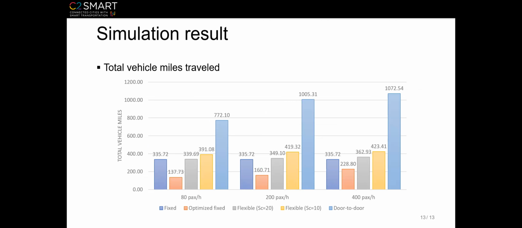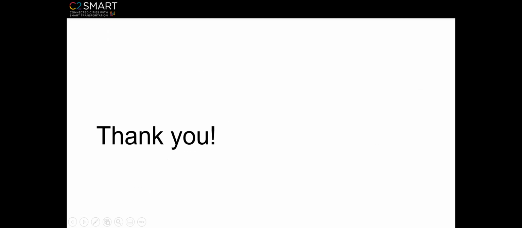And for the total vehicle miles traveled, definitely the on-demand transit travels the most distance compared to the fixed route or flexible route, especially the optimized fixed route, which shows the shortest vehicle miles traveled because it optimizes the frequency itself, which means the number of vehicles operated is smaller, fewer than the existing scenario, so it could save more operational costs than others. So here, I think it's the end of the slide, and if there are any questions, I can listen from you.